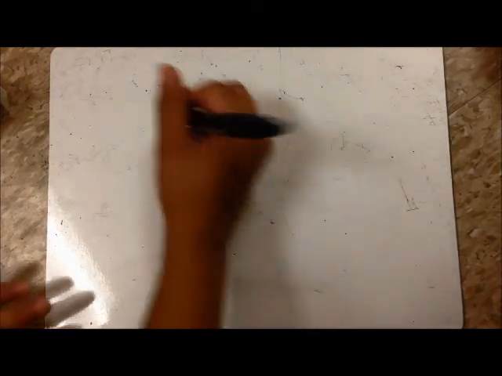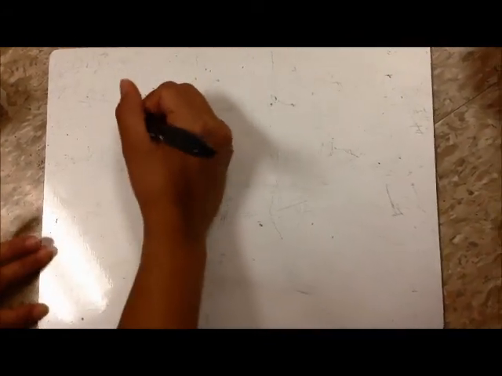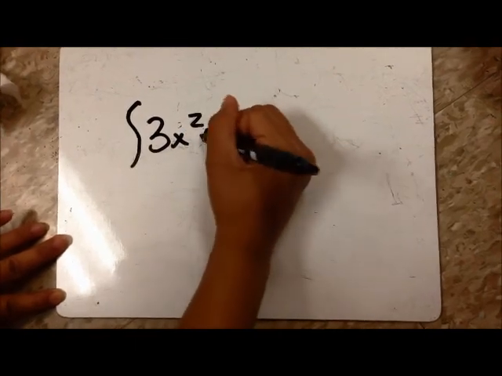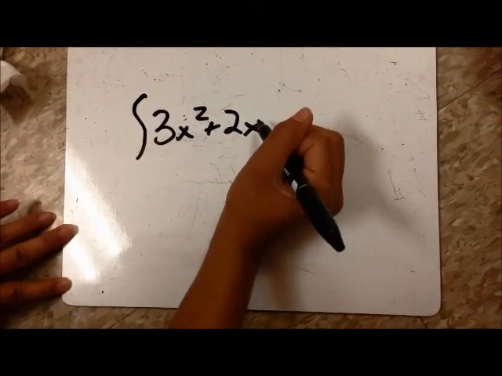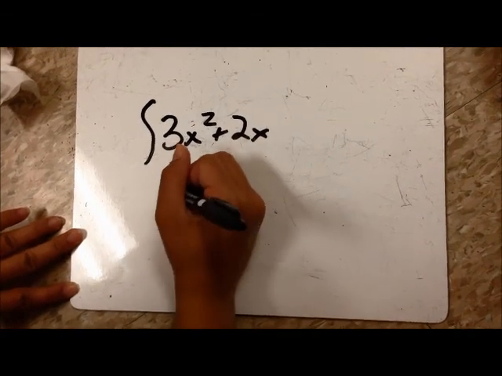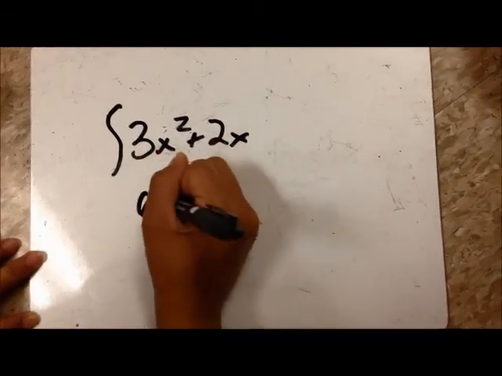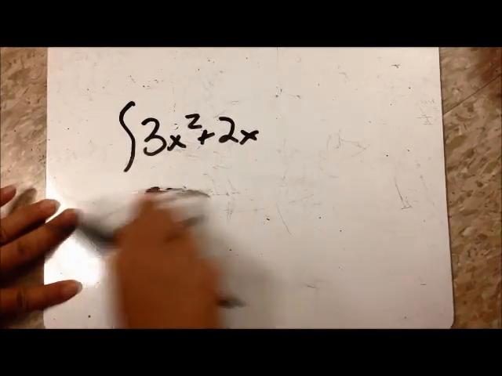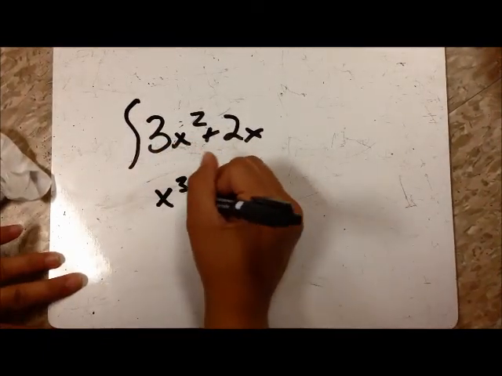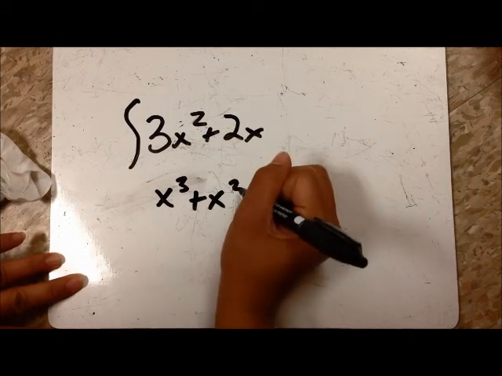Okay? So let's do an example problem. Say integral 3x squared plus 2x. Okay? Solve this, and we get x to the third plus x squared, right?